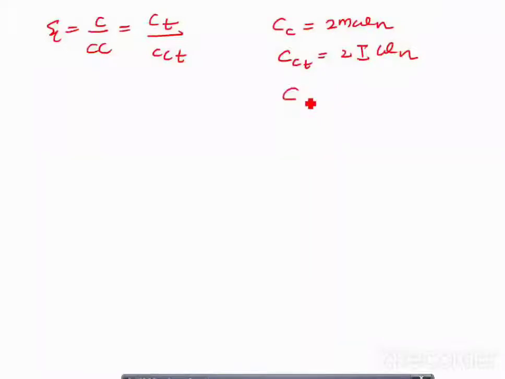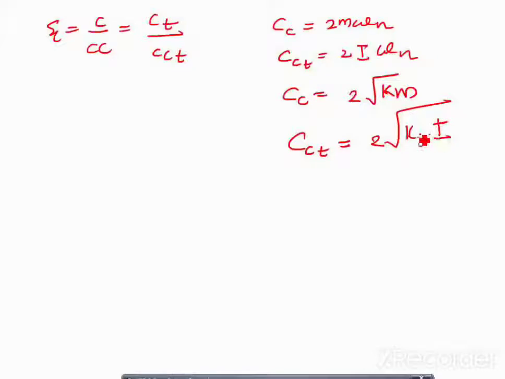Or you know the formula cc is equal to 2 into square root of k into m, so you can write Cct equal to 2 into square root of Kt into I. These are just formulas you can improvise.